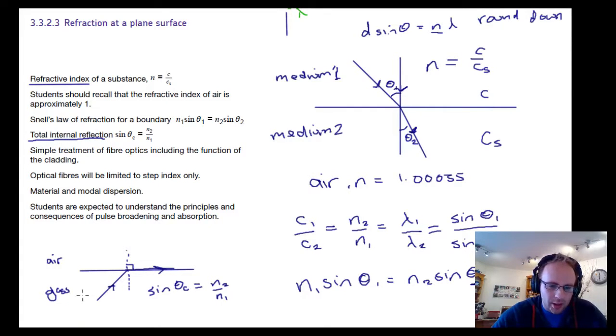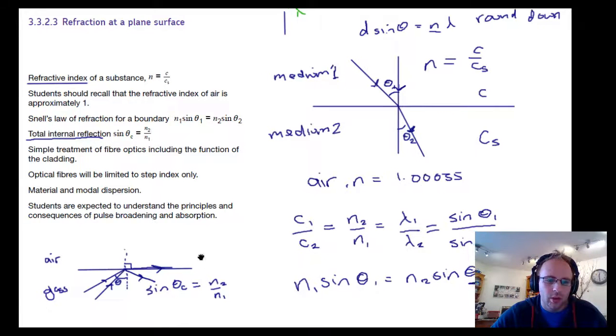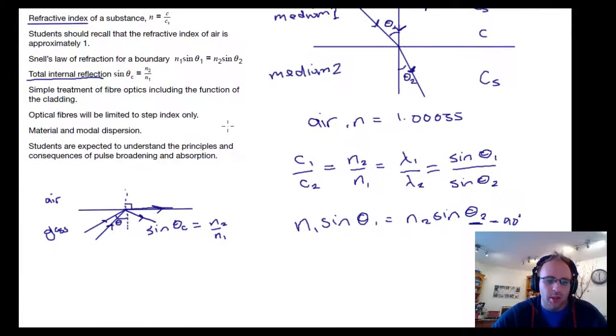So if we go past this critical angle like this, so we have an angle of incidence which is bigger than the critical angle, then we get reflection at that boundary.